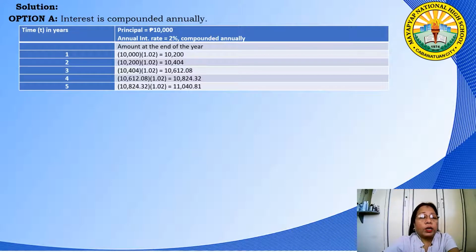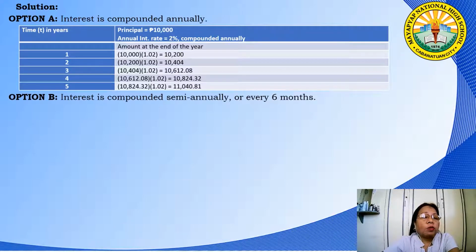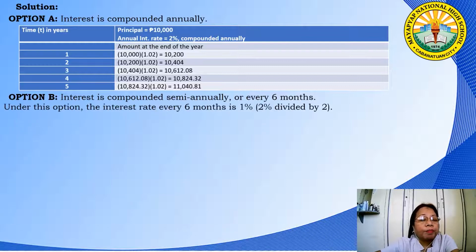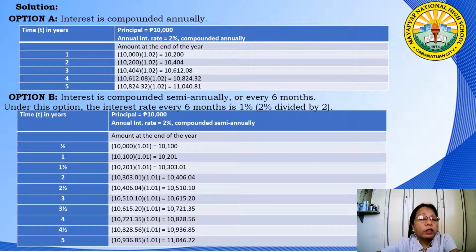So for option B, interest is compounded semi-annually, or every 6 months. Under this option, the interest rate every 6 months is the 2% per year divided by 2. So here is the table. Observe the table. After every 6 months, or half a year, the amount is 10,100.